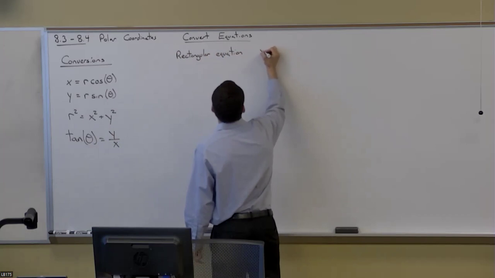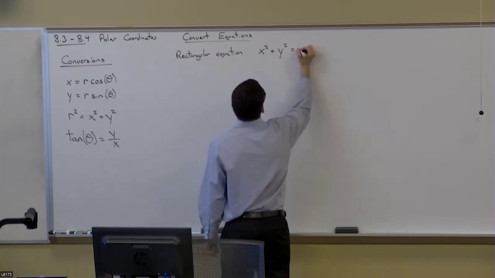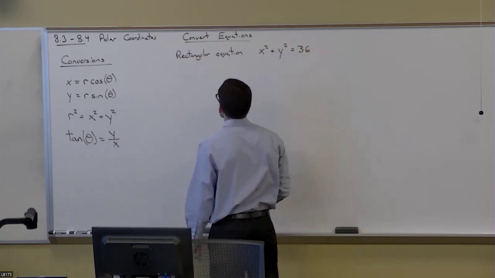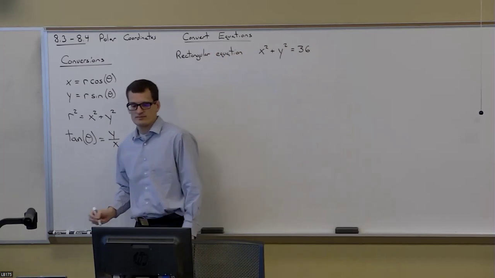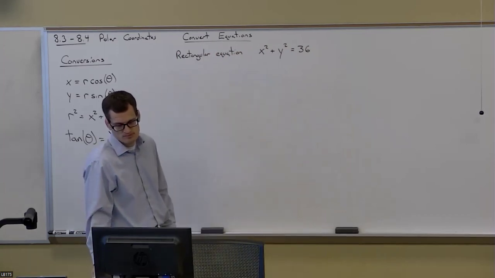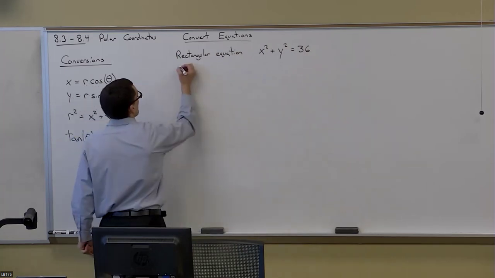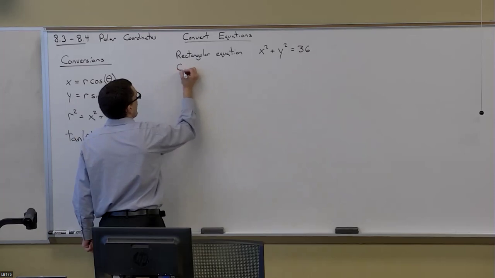Let's take x squared plus y squared equals 36, and I want to convert that into polar.